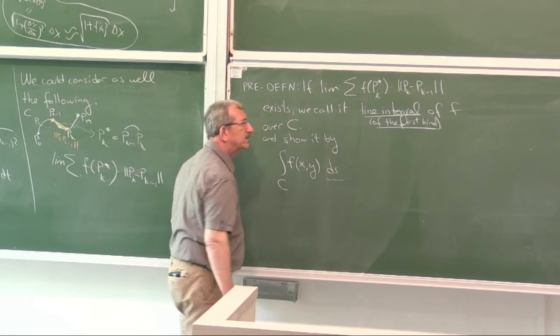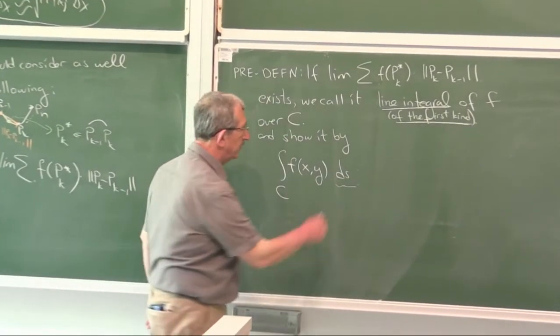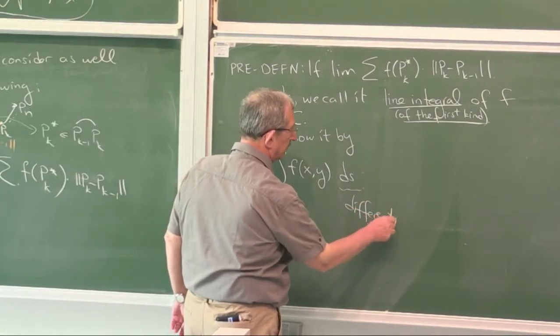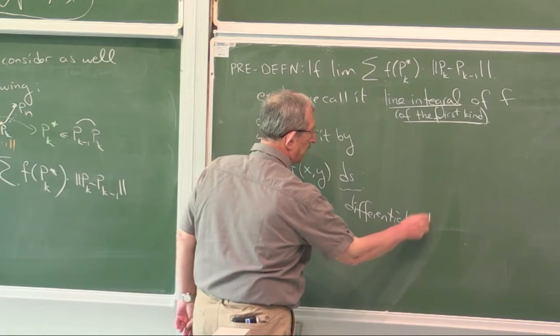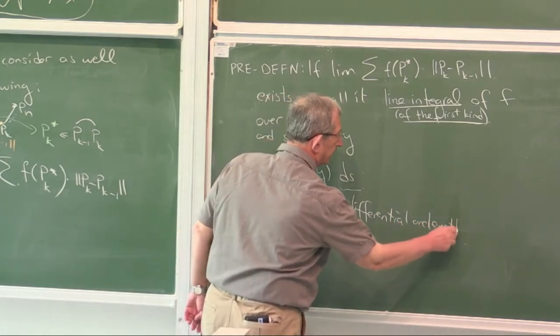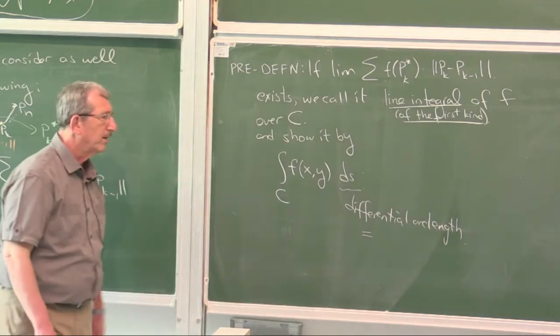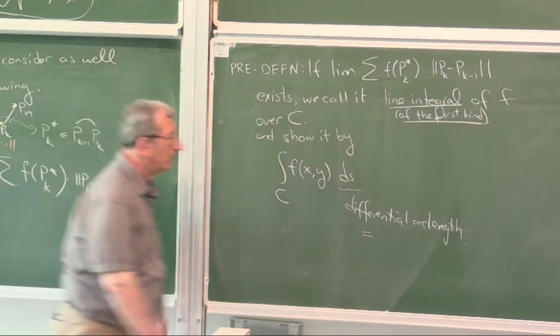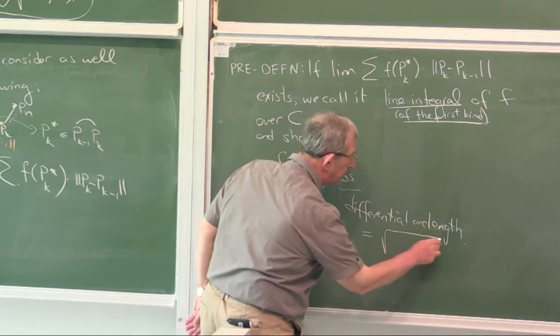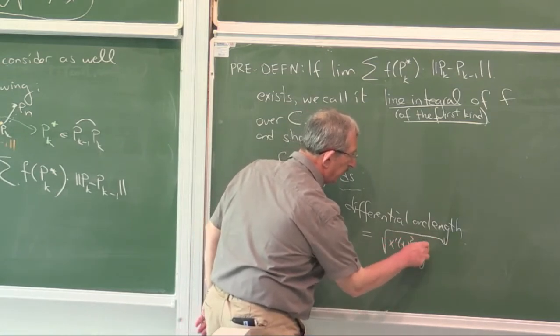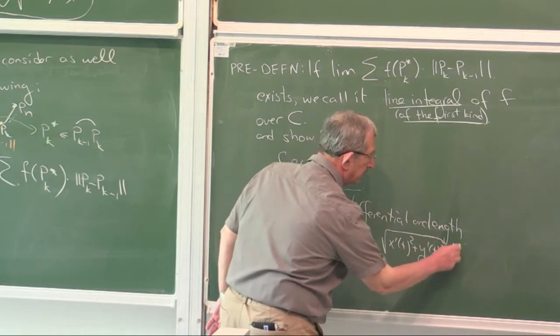This is arc length, or rather differential arc length, which can be written from our previous arguments as the square root of x prime t squared plus y prime t squared dt.